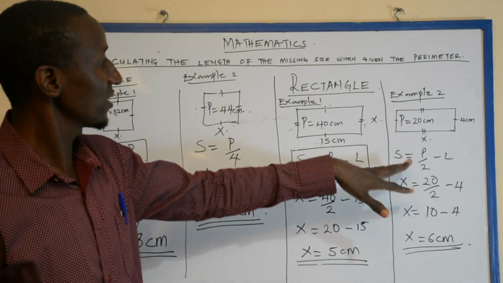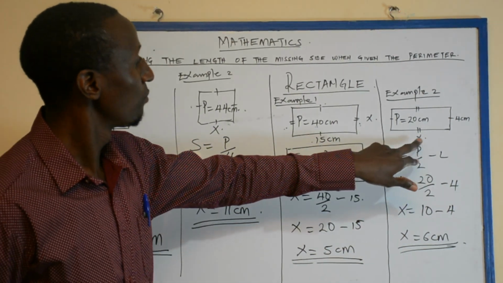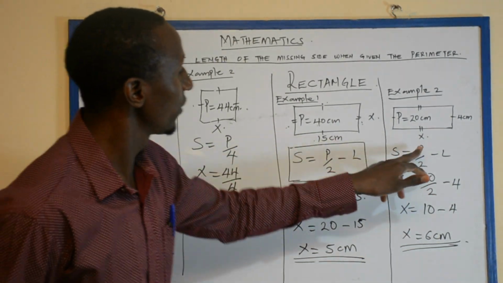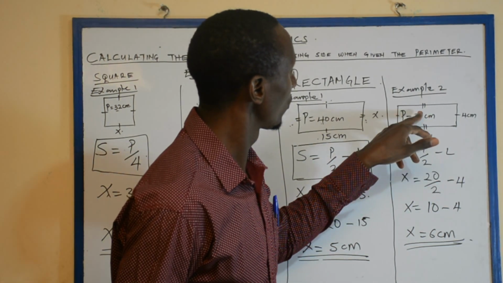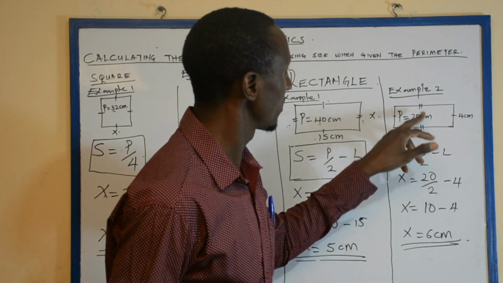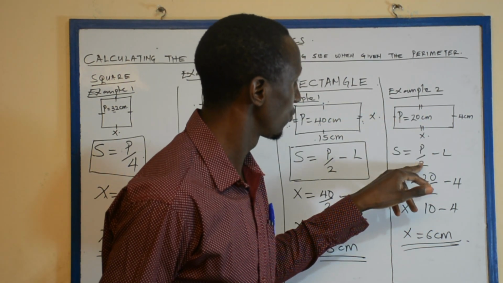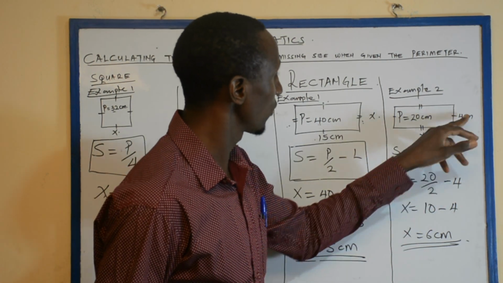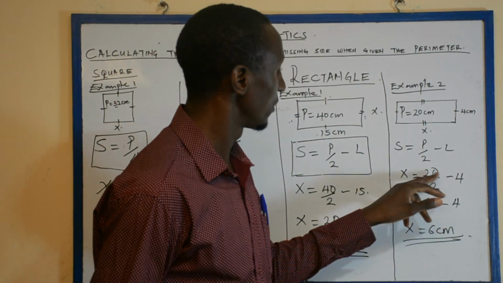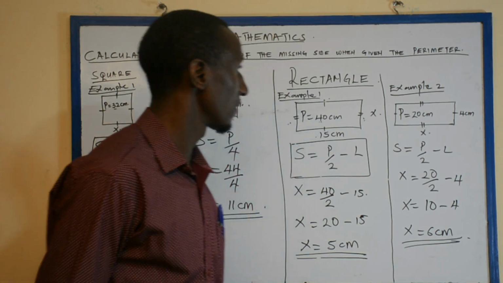Very simple like that. Just state the formula, after that put what is the field, replace these figures with what has been given. The perimeter has been given as 20, so you put 20. 2 you just replace the way it is. 4 has been given here, put it there. Divide, then subtract and get the answer.